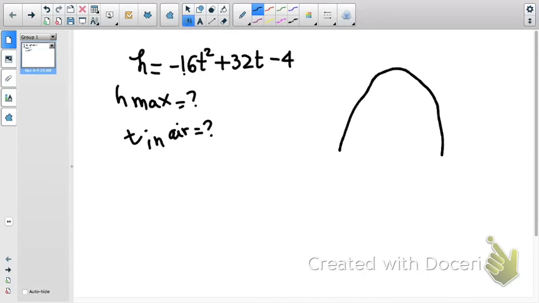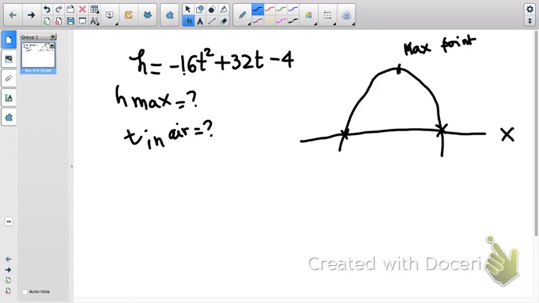So it's an inverted parabola. And this here will be the max point of the parabola. And somewhere along the line here, where the parabola meets the x-axis, something critical is going to happen.